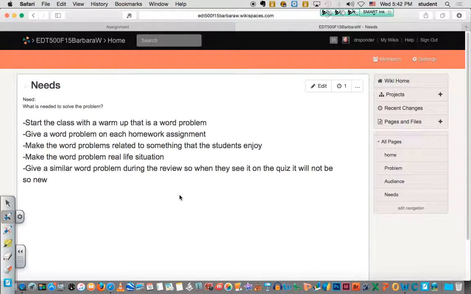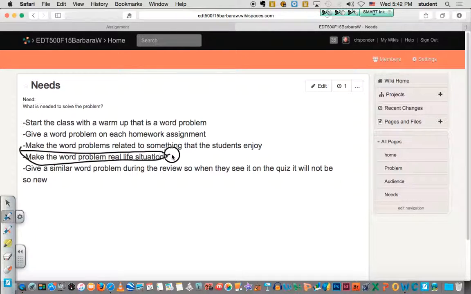Make the word problem real life situation. Okay, and how would you do that? I asked them at the beginning of the year what interests them. So today I made one of the word problems be about football, because I love football players. So, something that would interest them.